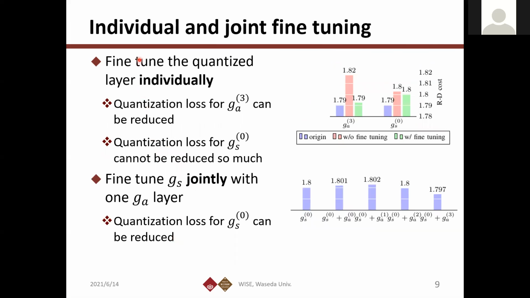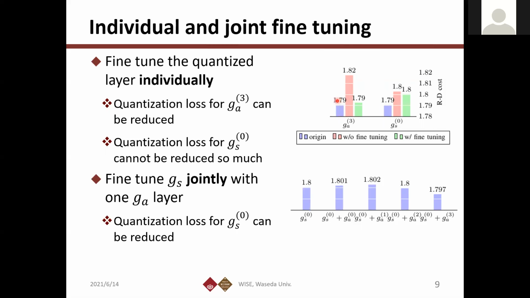We give two fine-tuning schemes. First is the individual fine-tuning, which means that we just fine-tune the layer individually. As shown in this figure, this blue bar is the origin, meaning without any quantization, so we have this RD cost.